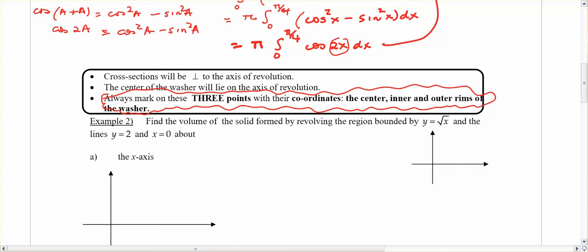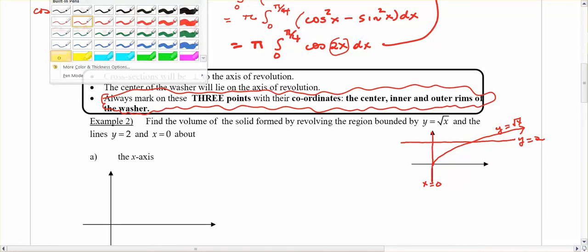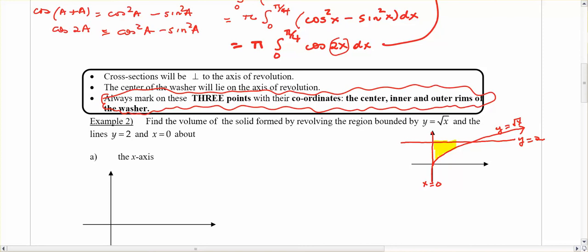We're going to do this here on the little diagram, a well familiar graph. Y is root x, the line y equals 2, which is a horizontal line, and x equals 0, which is the y-axis. So the region that's going to be rotated is this region.